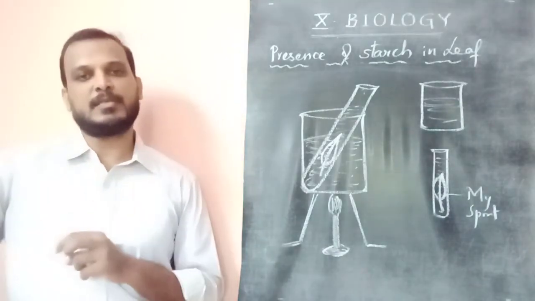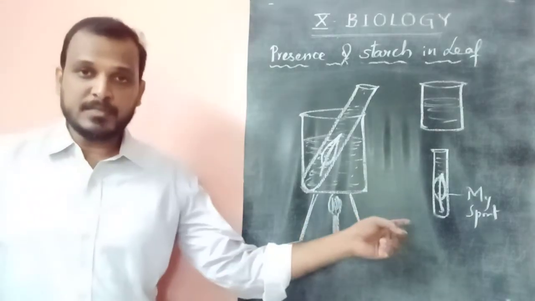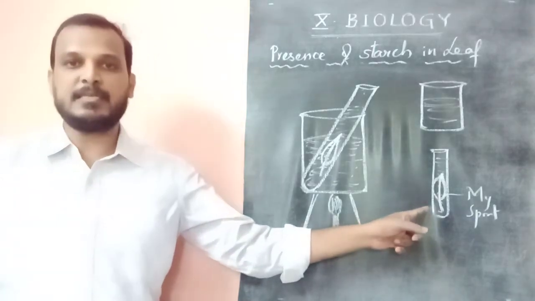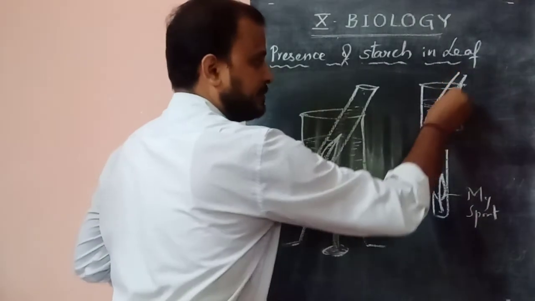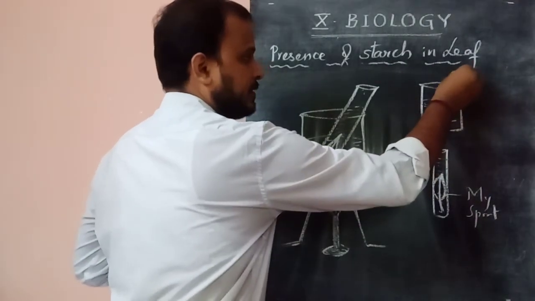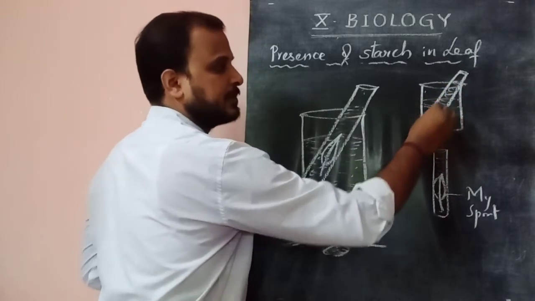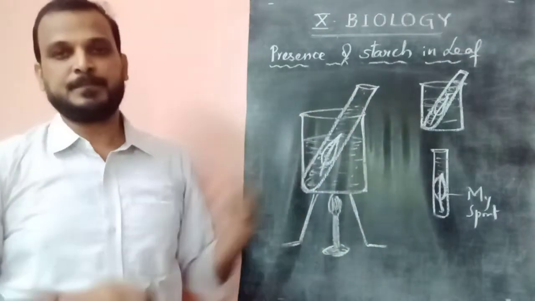Dip the leaf into the test tube with the methylated spirit. Now keep this arrangement of test tube with methylated spirit and the leaf to be tested inside the beaker containing water. So the beaker has water, and the test tube has methylated spirit and the leaf to be tested.